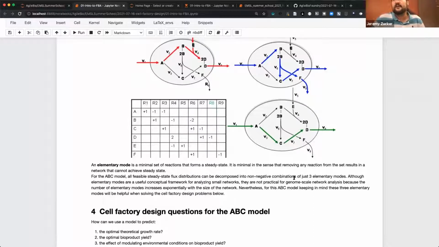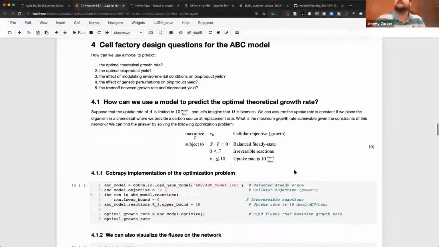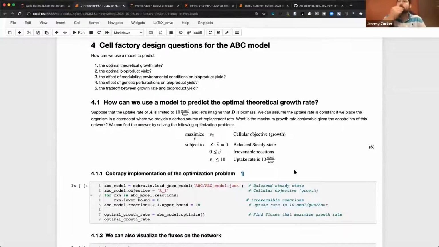Nonetheless, for this ABC model, keeping in mind these three elementary modes will be helpful when solving the cell factory design problems below. So now we're about ready to go into cell factory design. Now that we have a model, and we know that we can create steady state solutions, and we know how to break those solutions down into the component parts, we want to use this model to predict some interesting questions from the perspective of cell factory design.